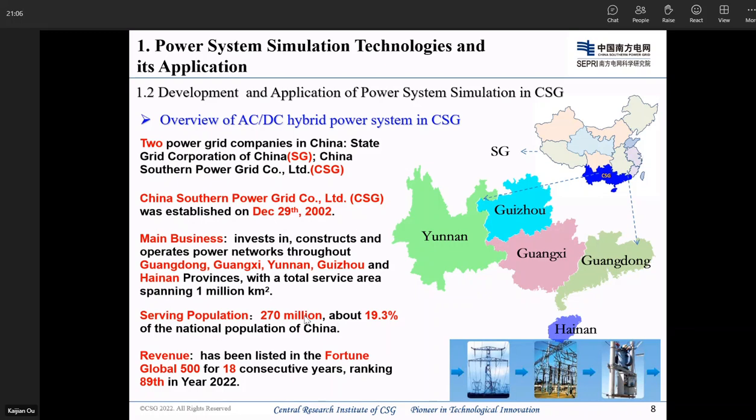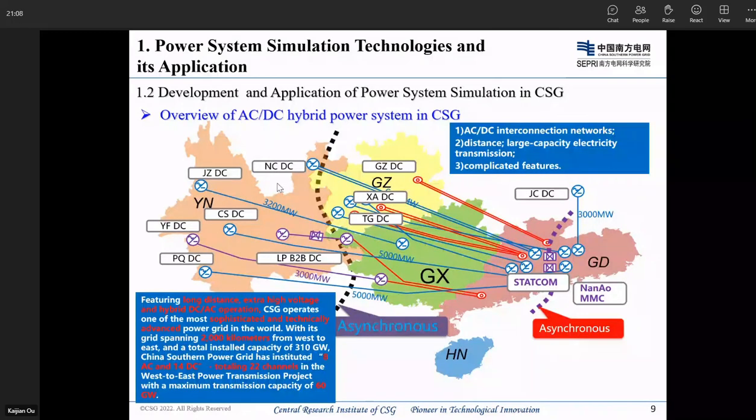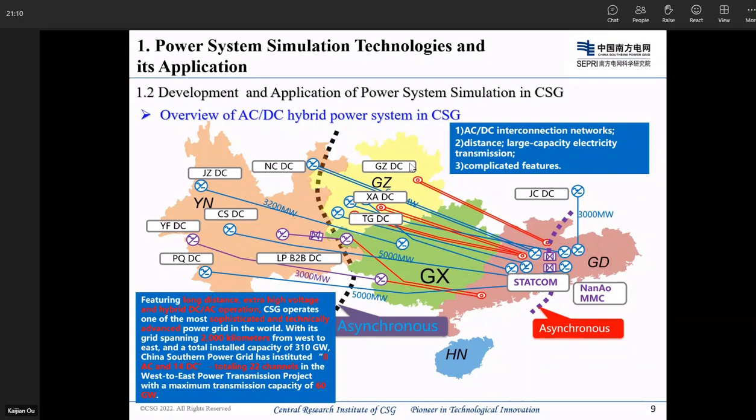And then, what kind of simulation does CSG use? Because the character of CSG is very, very complicated. The first is that CSG is an AC and DC interconnected network.